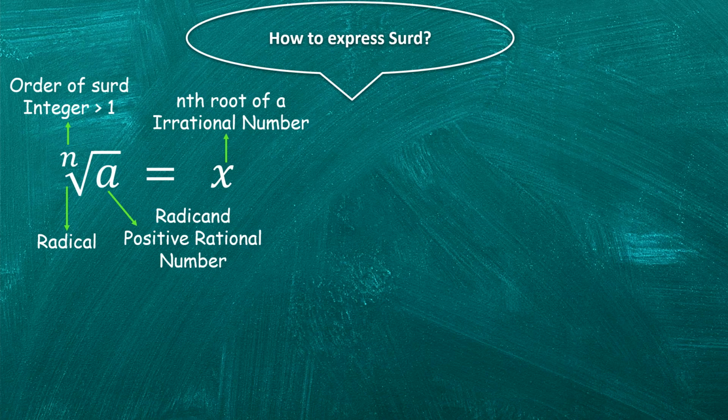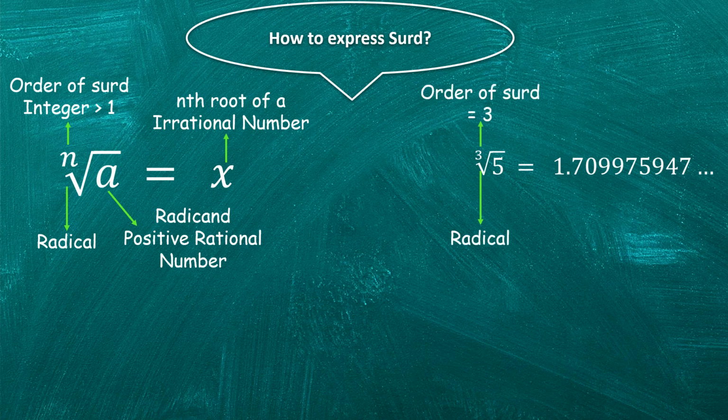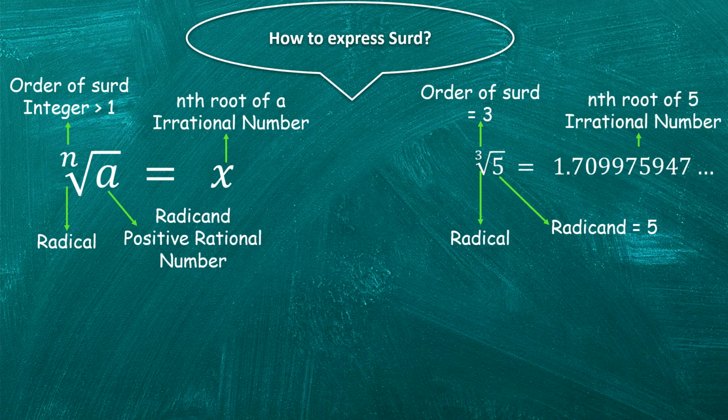Now we'll see it with the help of an example. Cube root of 5 equals 1.7099 and so on. Here the root sign is the radical, the order of the surd is 3, that is n is 3, the radicand is 5, and the cube root of 5, that is the nth root of 5, is an irrational number.